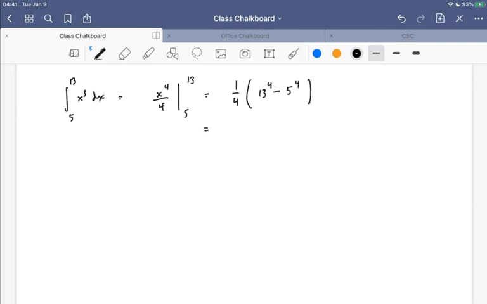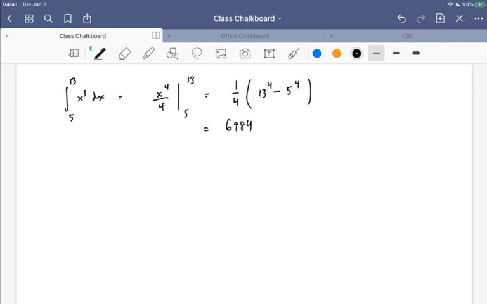Let me pop open Mathematica real quick and compute that, because of course that's going to be somewhat big. 13 to the fourth minus 5 to the fourth, divided by 4 is 6984.